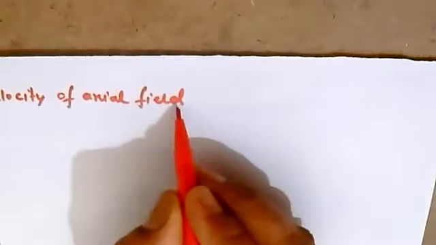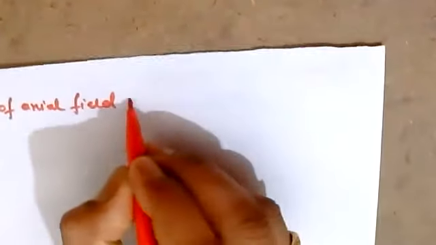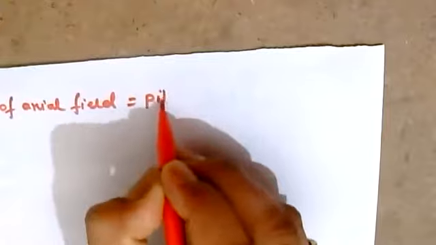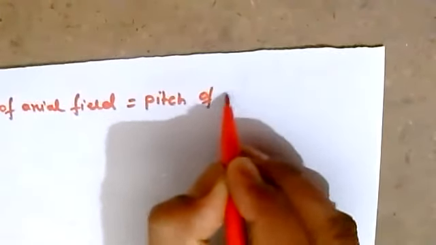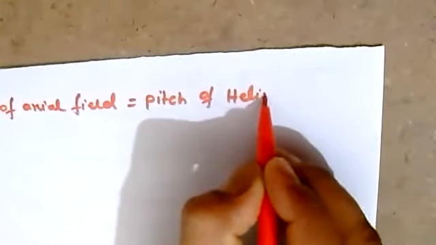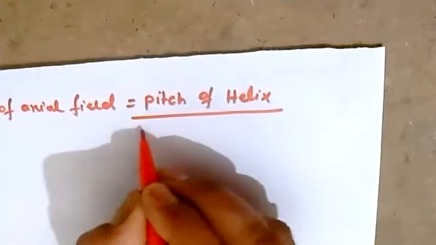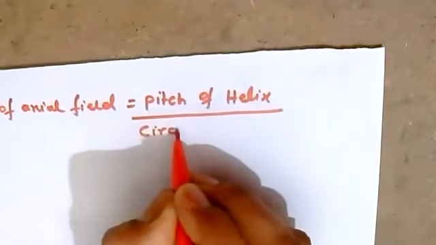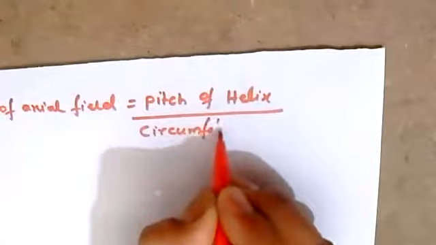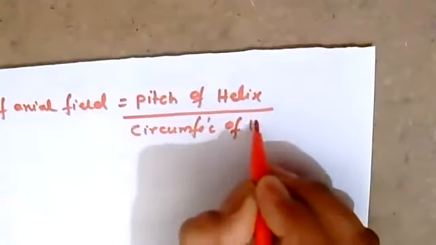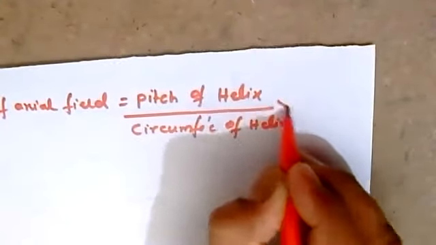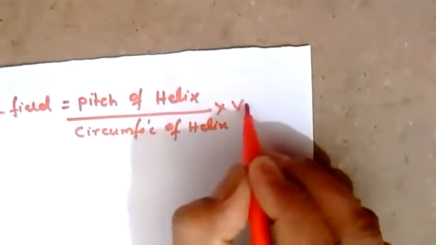That can be calculated by the expression: the velocity of axial field is equal to the pitch of helix divided by the circumference of helix, into the velocity of light.